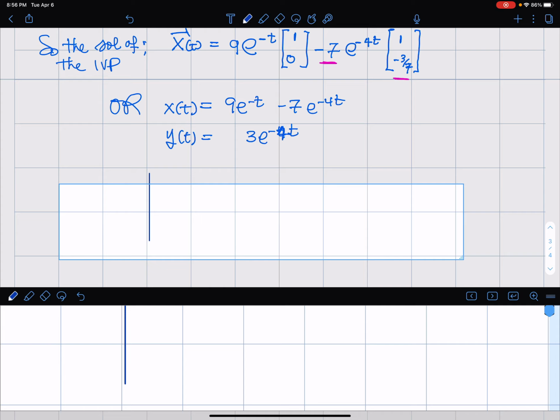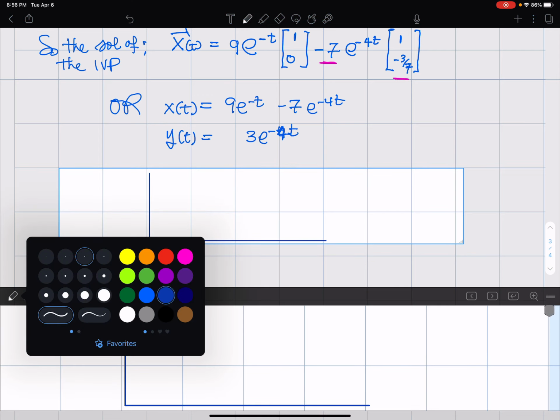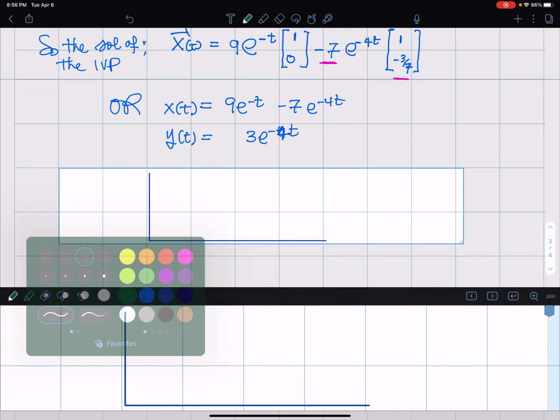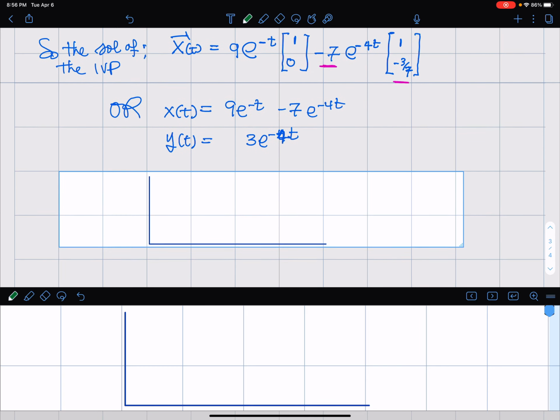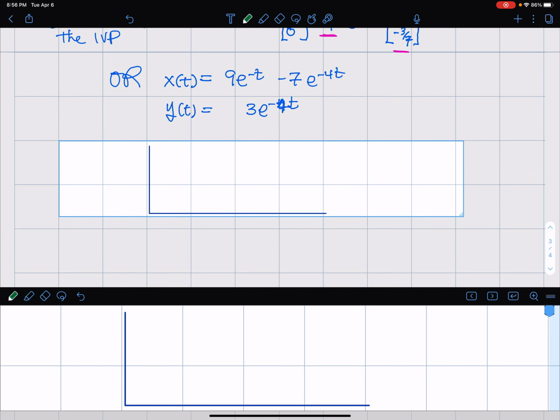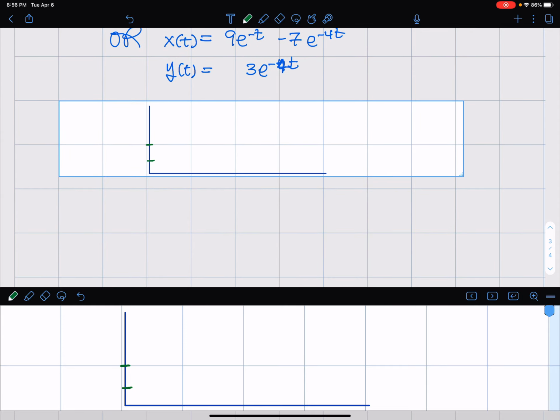So let's graph x of t. X of t actually looks like this. So this is 1, this is 2. X of t looks something like that.